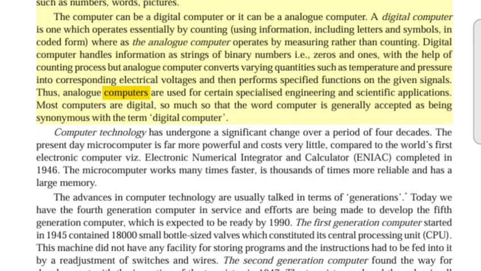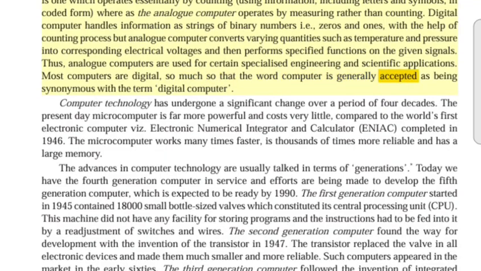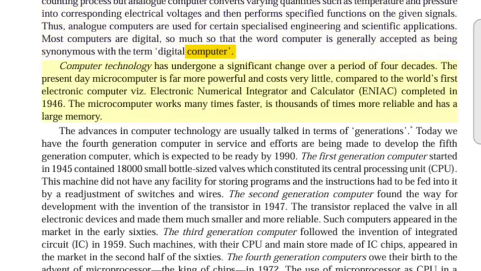Thus, analog computers are used for certain specialized engineering and scientific applications. Most computers are digital, so much so that the word computer is generally accepted as being synonymous with the term digital computer.